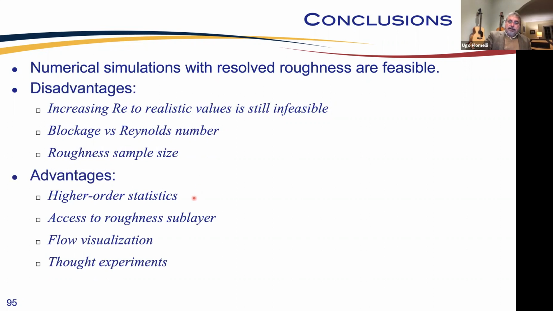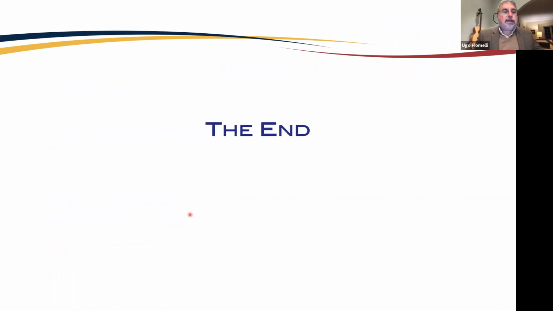We get higher order statistics, and those can explain a lot of things, and we have access to the roughness sublayer, and those are advantages that we have over experiments. And I think that putting together the experimental knowledge and the knowledge about the sublayer that you get from numerical simulations can go a long way towards understanding the physics. Those, I think, are the two most important points. So that's it, and I apologize if I've gone over time, and I will be happy to take any questions.